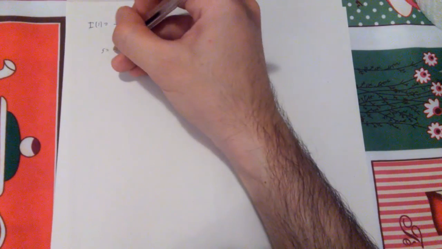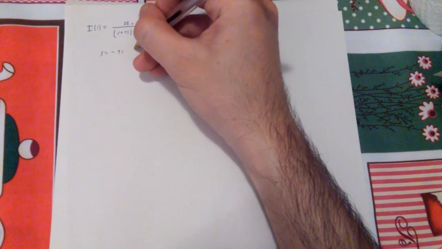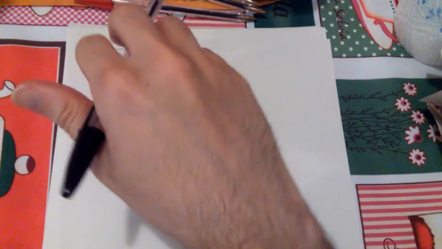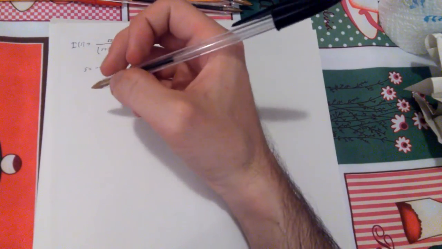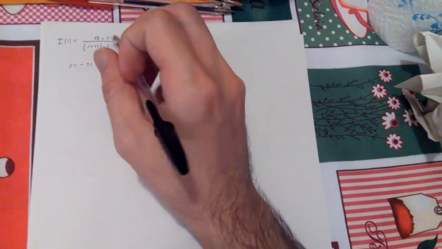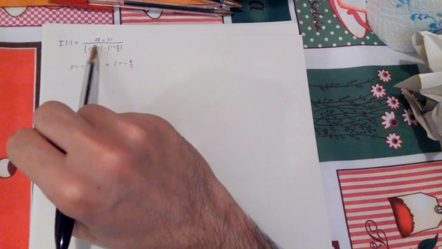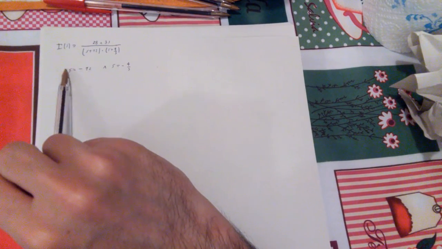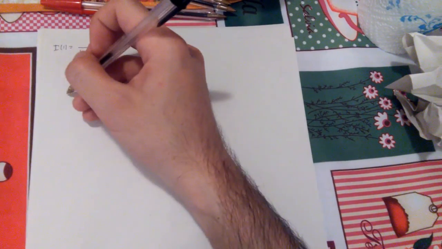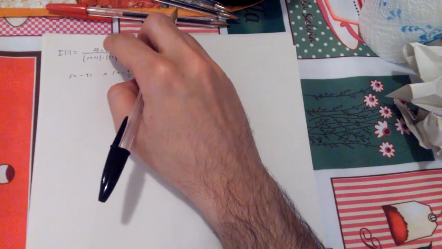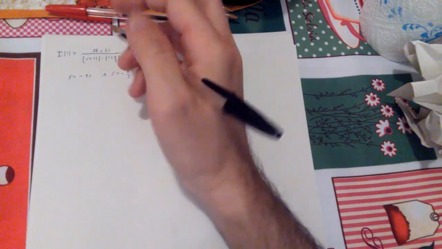So the two roots are s equal to negative 12 and s equal to negative 4 over 3. Okay, so now we're going to do the same trick as before. We're going to multiply the numerator by this one, and then substitute this value of s in order to find the first pole. Then we're going to do the same thing, but with this one and this one for the second pole.